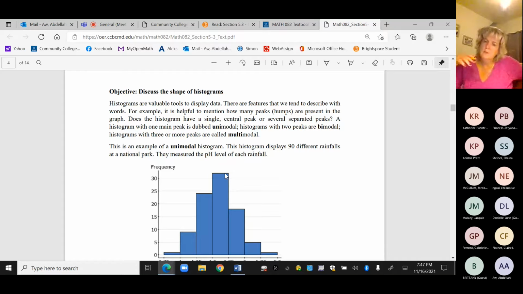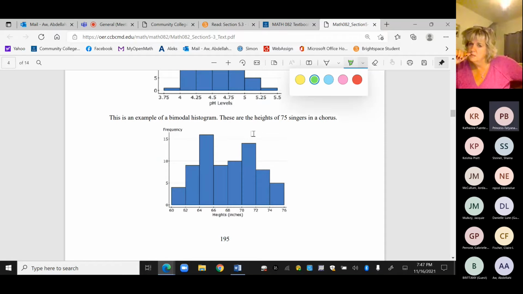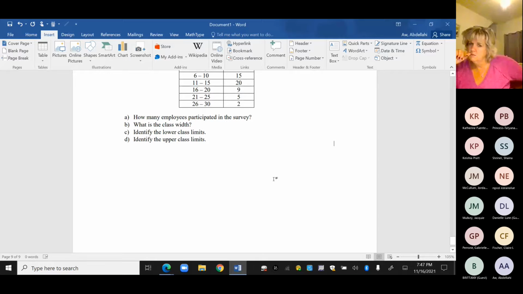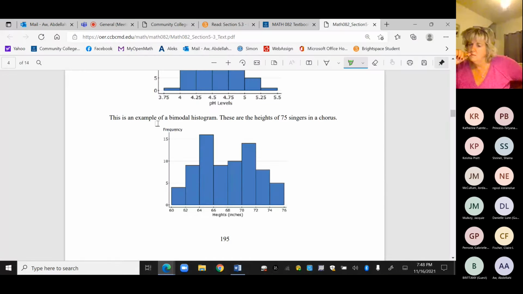If you have two peaks, why is this one considered to be a peak itself? Okay, let me write only on top of it. This one right here.